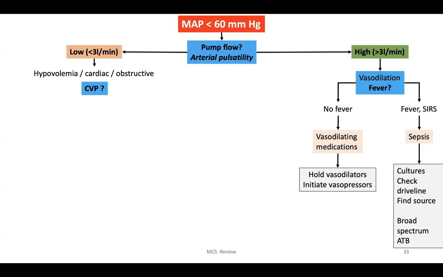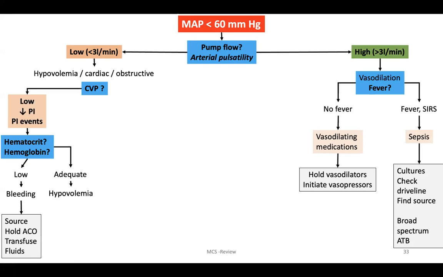Now, if you have a low pump flow, it's because of either hypovolemia, a cardiac problem, or an obstruction somewhere. So the next question is, what is the CVP? If the central venous pressure is low with a decrease of PI, and you have PI events on the screen log, you need to think, is my patient bleeding?